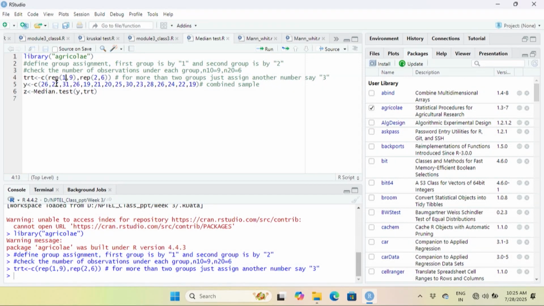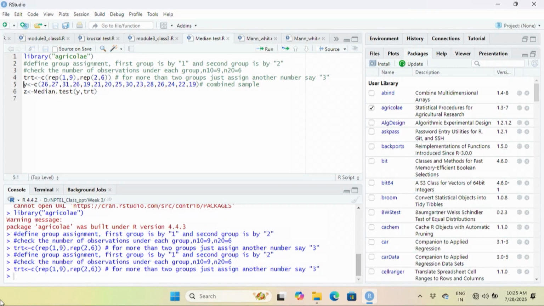So the first group will be repeated for 9 observations, 1, 1, 1, 1, like that till 1, altogether 9. And the second group will be repeated for 6 observations, right? So 2, 2, 2. Okay, let me run it and you will understand what I am trying to say.